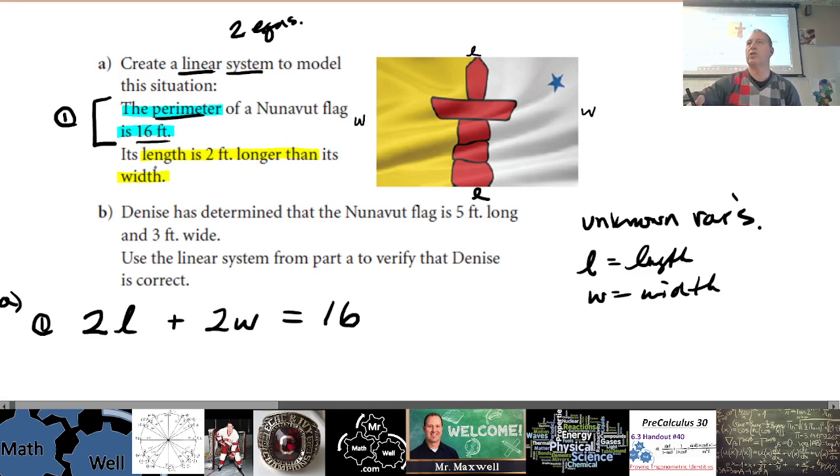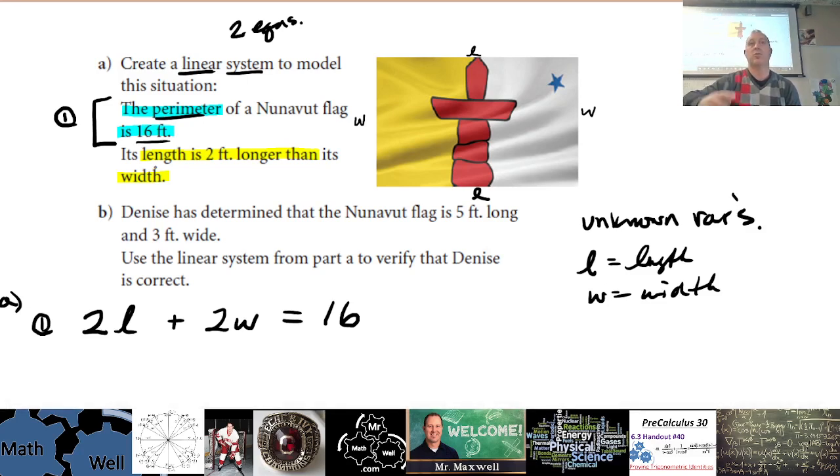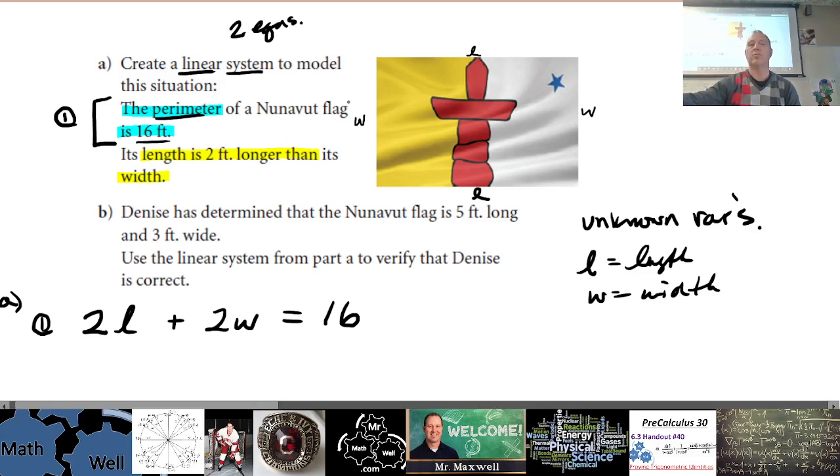How can I make an equation with 2 unknown variables? Sometimes it's just 1 unknown variable, but this one would have 2 unknown variables involved, the length and the width. We good? Now we can't assume that it's a square and just have L, or just have 1 variable. We can't assume that. It's length plus width plus length plus width. Now it might end up to be the same. It might end up to be a square. I don't think it is, but it might.